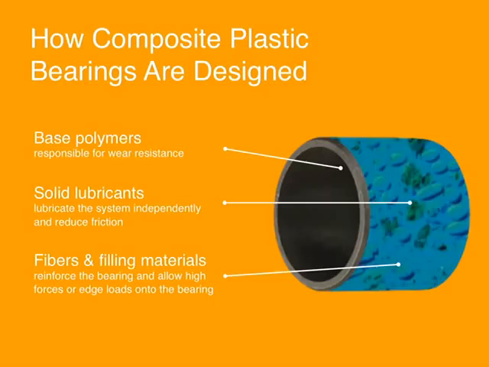There are other types, sometimes silicone type lubricants, we add to the bearing materials, and those are responsible for reducing friction in the application. We also add strengthening fibers and reinforcement compounds into the base material, which not only help the load carrying capability, but also help the wear resistance of the parts as well.